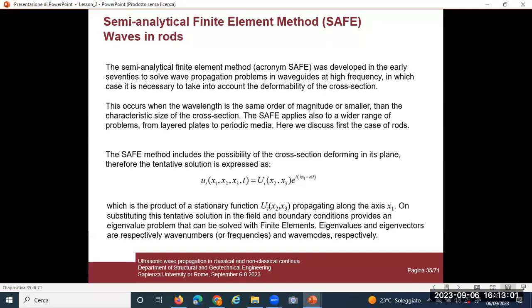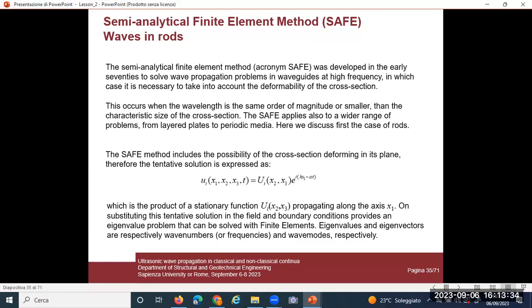So let's start from the beginning. The semi-analytical finite element method has this acronym, SAFE, and it's a method which was developed in the early 70s to solve wave propagation problems in waveguides at high frequencies, because in those cases it is necessary to take into account the deformability of the cross-section, as we have already said.